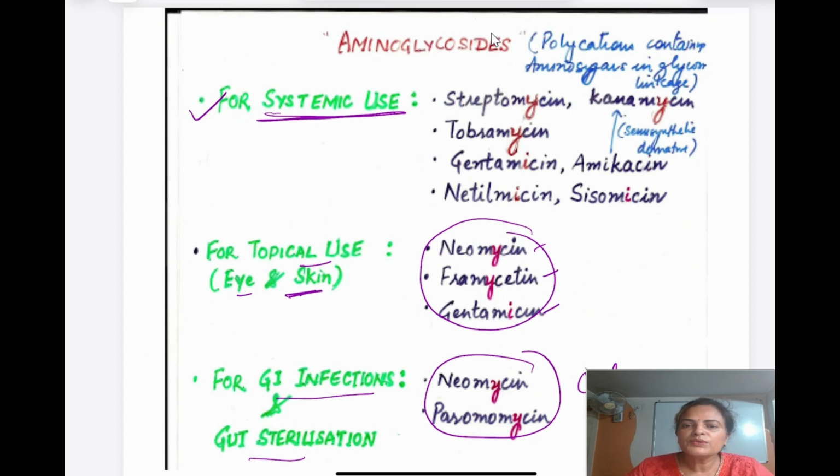Whereas for systemic use we have streptomycin, kanamycin, tobramycin, gentamicin, amikacin, netilmicin and sisomicin.